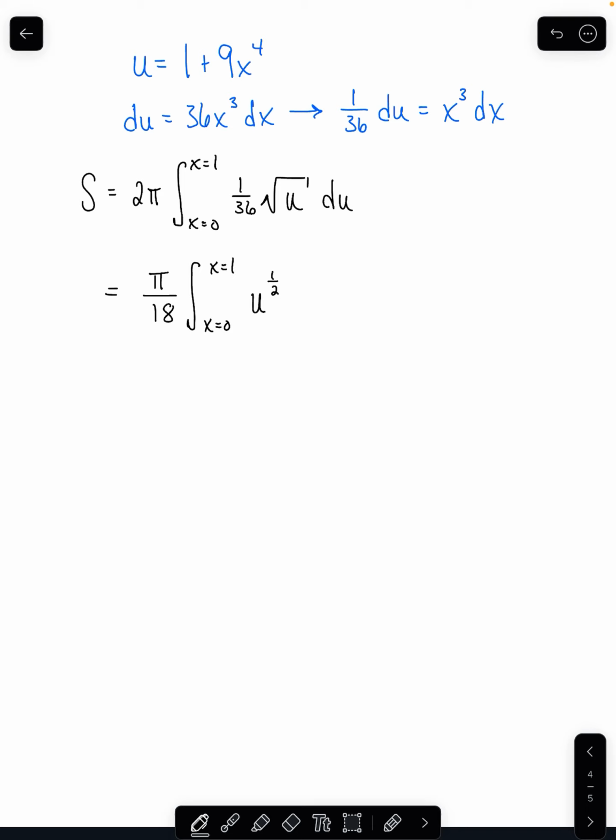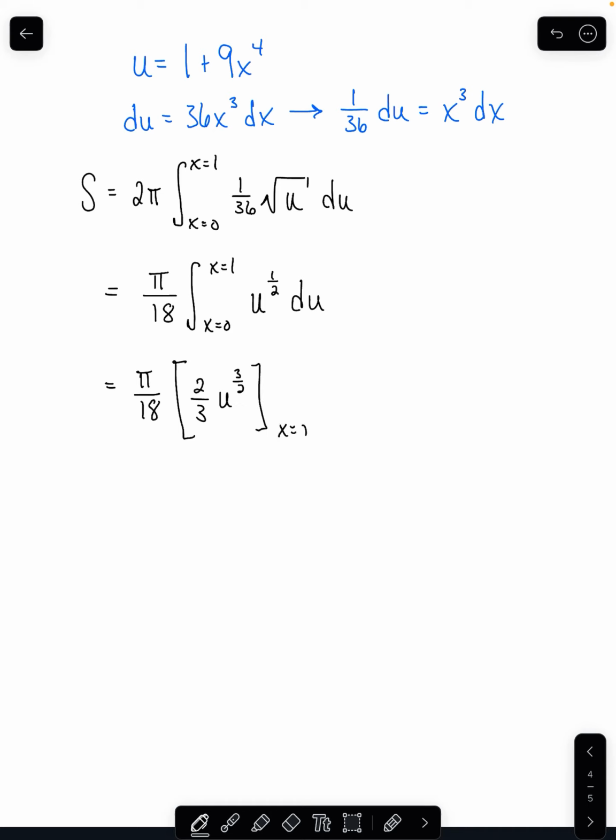We can rewrite the square root of u as u to the 1/2, of course, and the rest of this should be pretty straightforward. The antiderivative here would become 2/3 u to the 3/2.